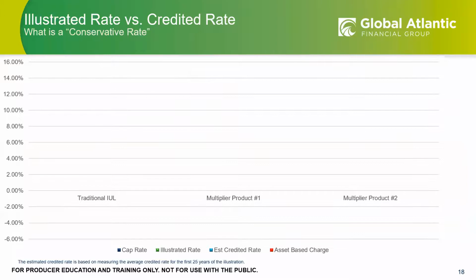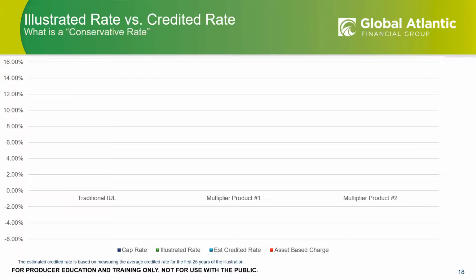So if you think back to that example that I showed before with the red line below, it's really important to understand when you're looking at products, when you're looking at an illustrated rate, because one of the things that I hear most commonly is, well, I use a conservative rate to illustrate my products. I illustrate everybody at a certain percentage. But the thing to understand is there's a difference between illustrated rate and credited rate.